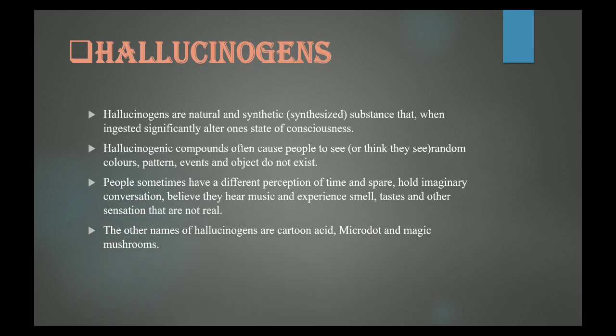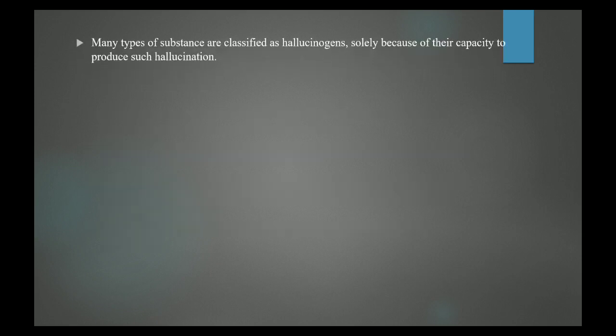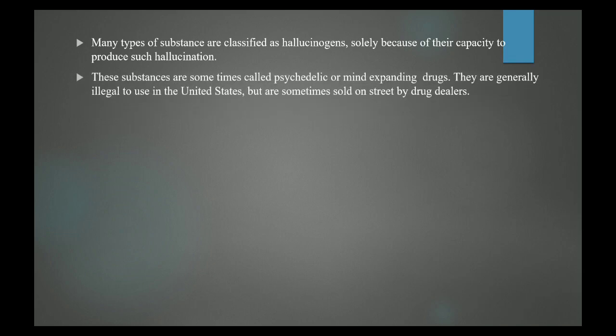The other names of hallucinogens are cartoon acid, macrodoc and magic mushrooms. Many types of substances are classified as hallucinogens solely because of their capacity to produce hallucination. These substances are sometimes called psychedelic or mind-expanding drugs.